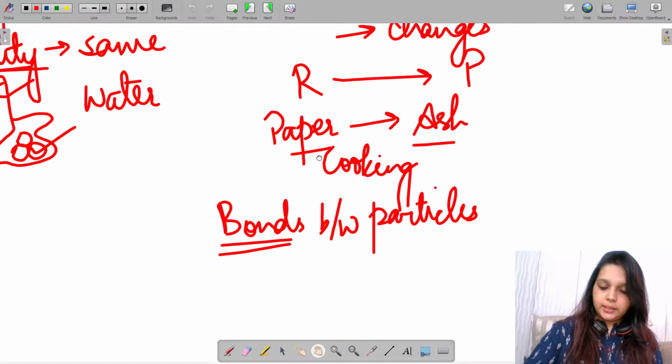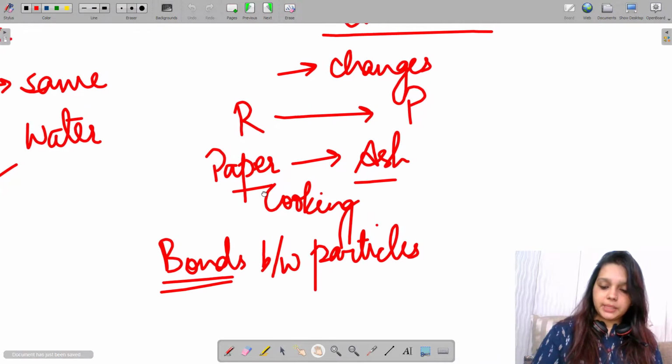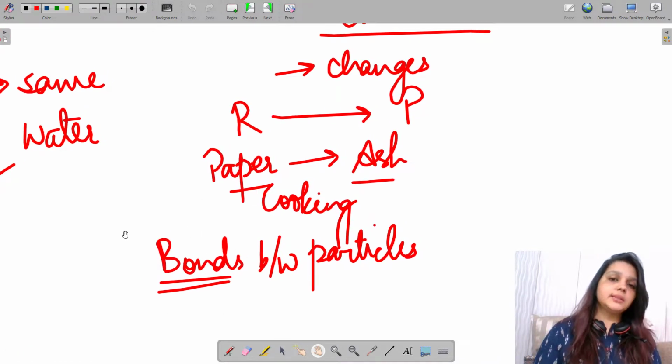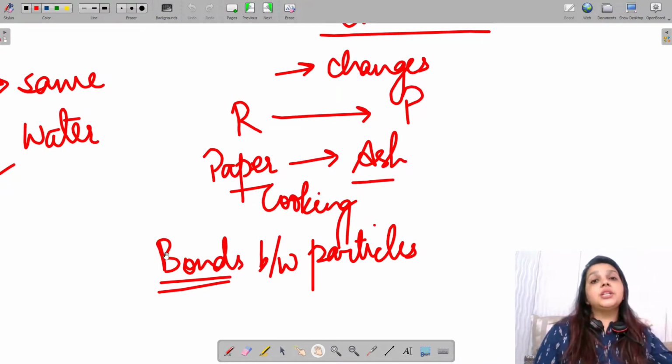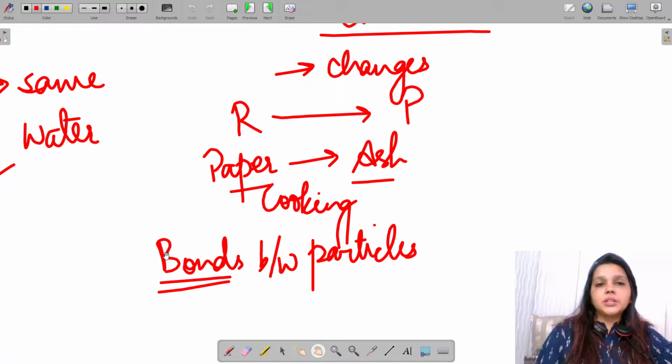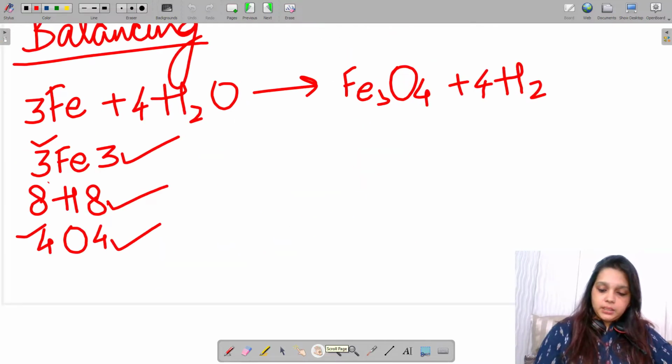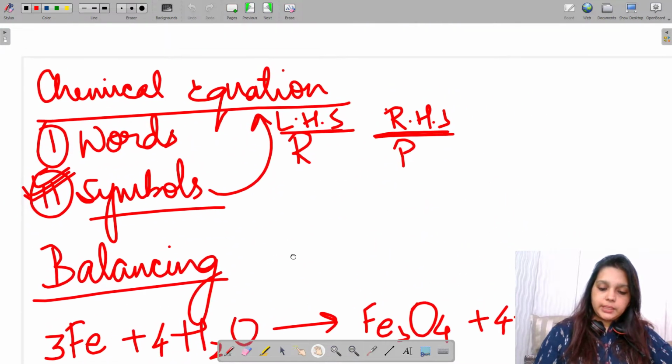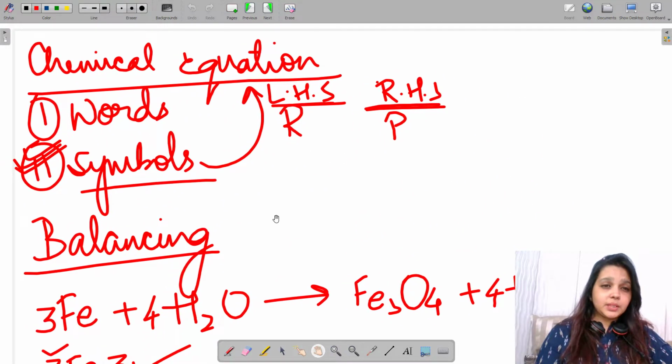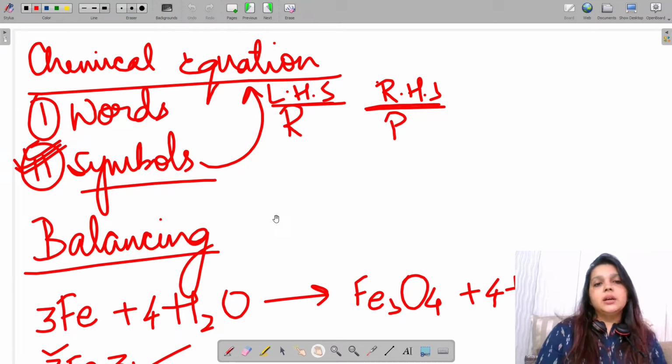Secondly, to understand the chemical changes better, the bonds are the ones that actually are changing their identity or their combinations, their replacement, their placements, because of which the identity of the particles changes. Next, we learned about why we are using symbols to write our chemical equations, because symbols are a much faster and easier process for us to communicate better.